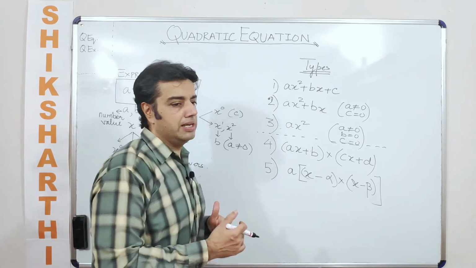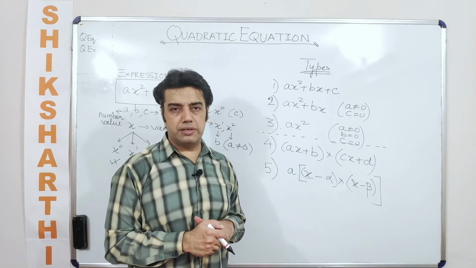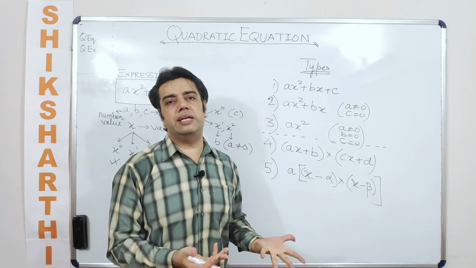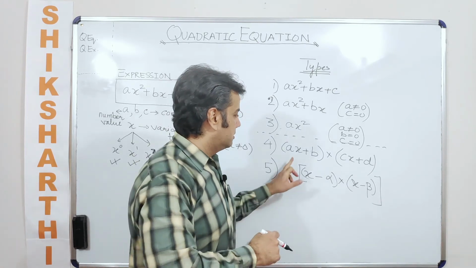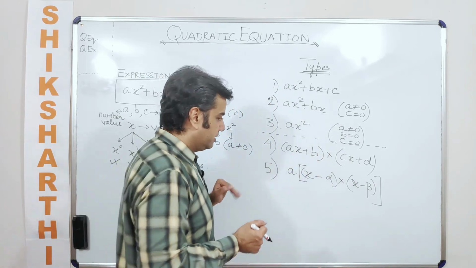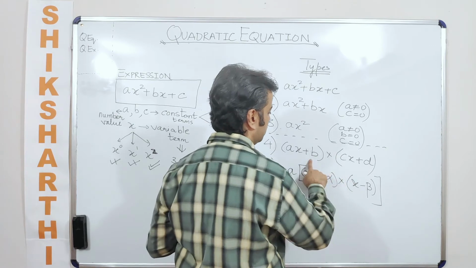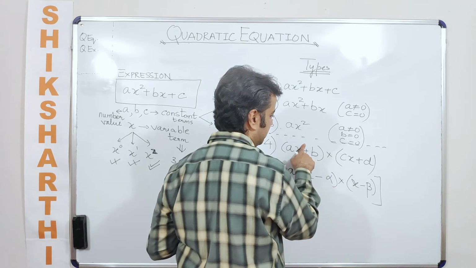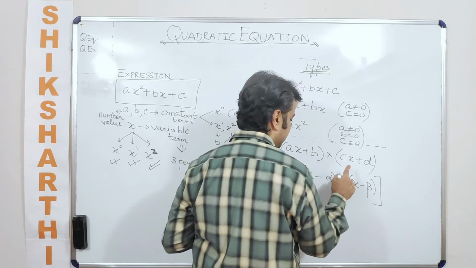So in a certain way, if you are finding out the area of a two-dimensional figure, it is just like a quadratic expression or a quadratic equation. So area is what? Length into breadth, right? So now we know that when we are multiplying two numbers, this one is known as the multiplicand and this one becomes the multiplier, but both of them are factors.